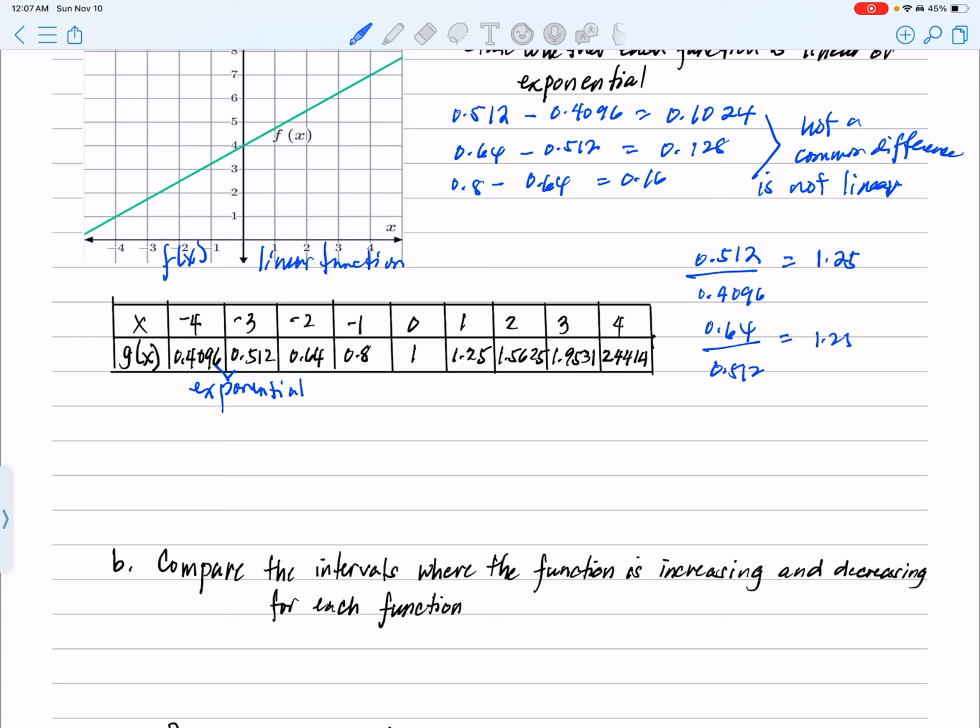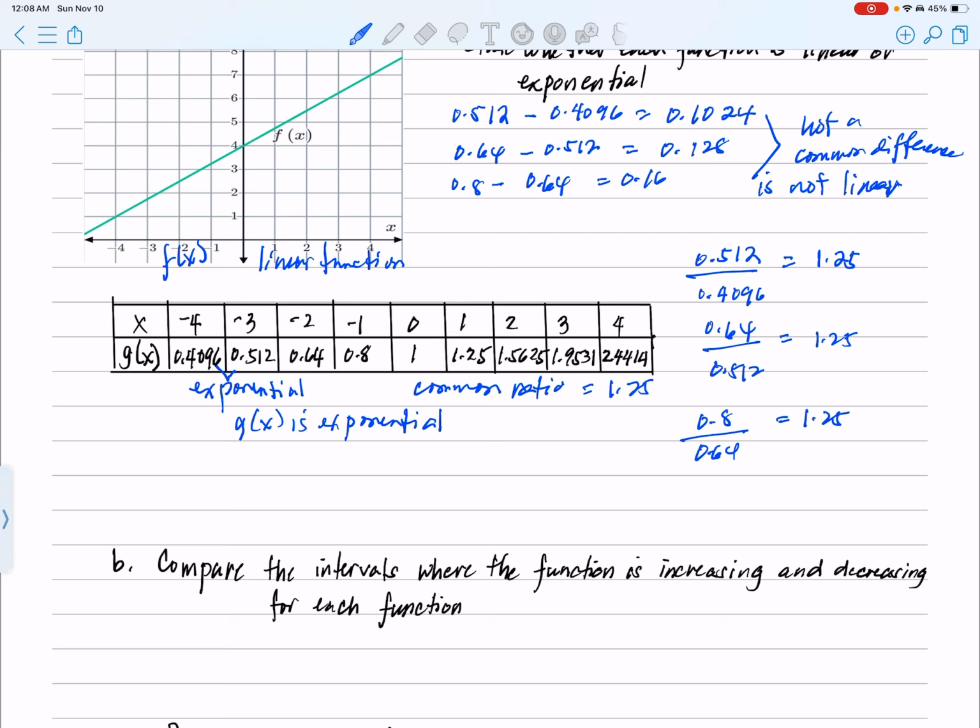We'll do one more: 0.8 divided by 0.64. We come up with 1.25. Since the output has a common ratio, then we could say this g of x is exponential, because they have a common ratio, and the ratio is 1.25. So therefore this is exponential.